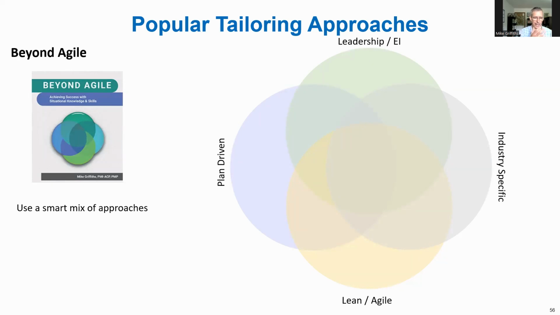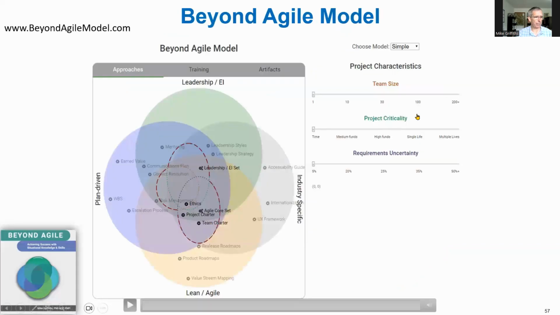And so the Beyond Agile model says, all of these domains overlap, and we need to build our skills in all of them. And then based upon the project characteristics, our little dotted red line of things that we should be applying probably varies, right? And it's like those other models in that you can grab a slider and it changes the recommendations, right?